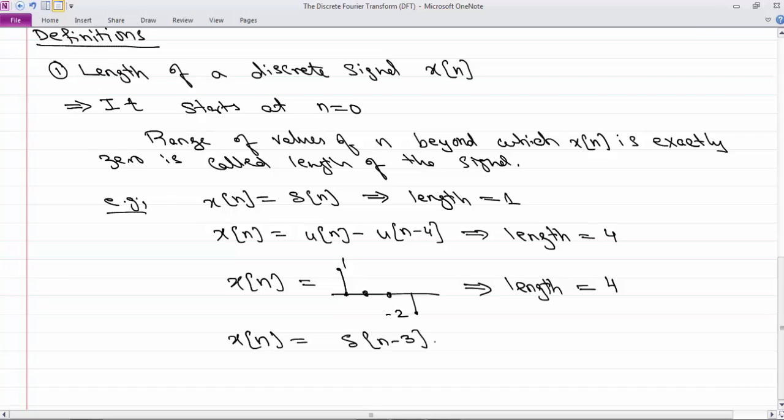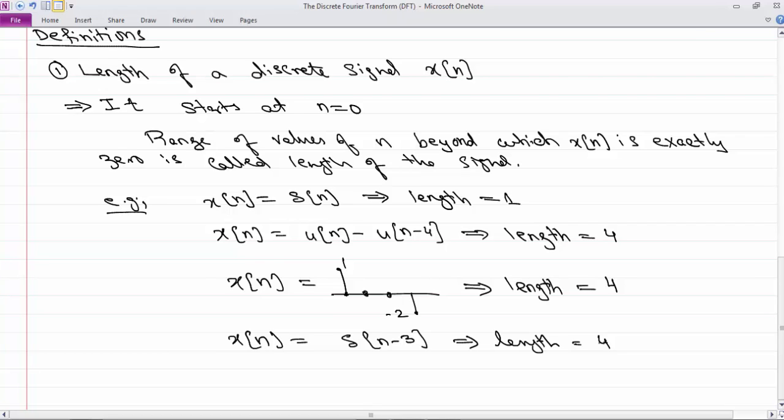So you are still having to store 4 numbers. In that case, I will call the length of this signal still 4. This is just the convention that I'm using, but that's how we'll store these things in digital systems.